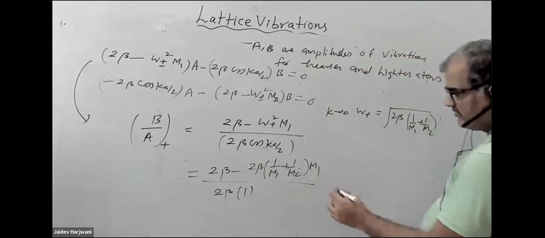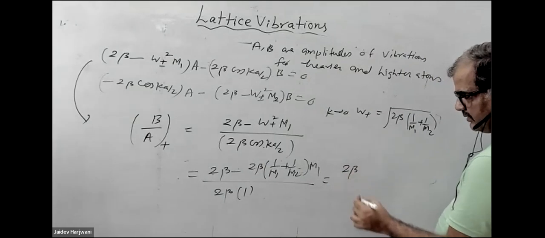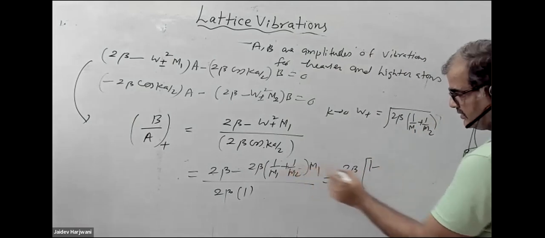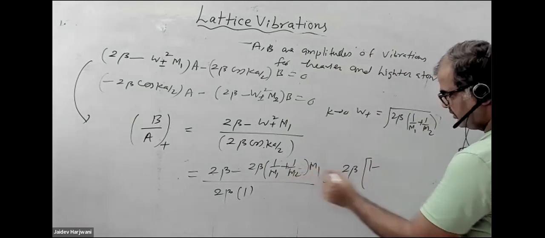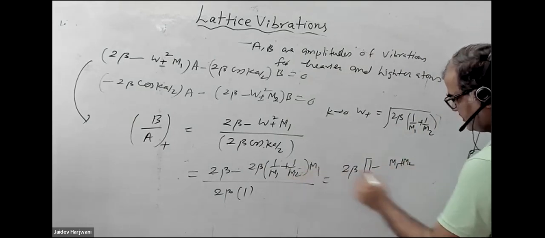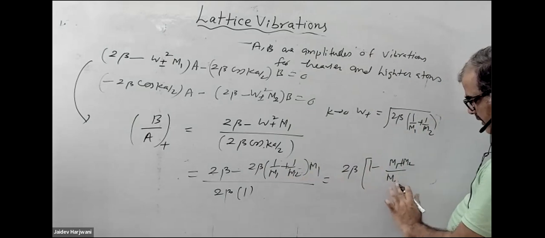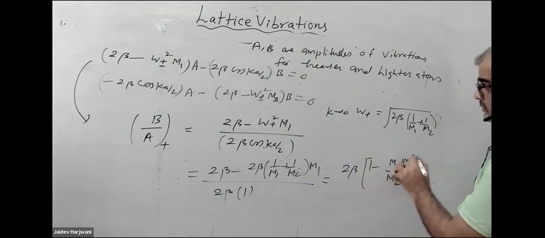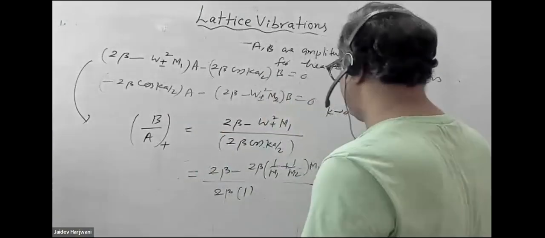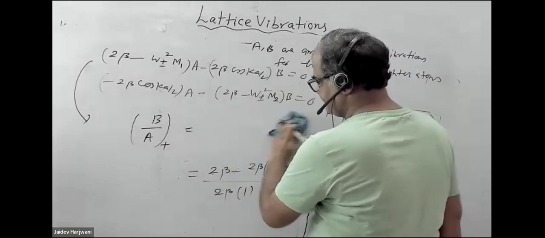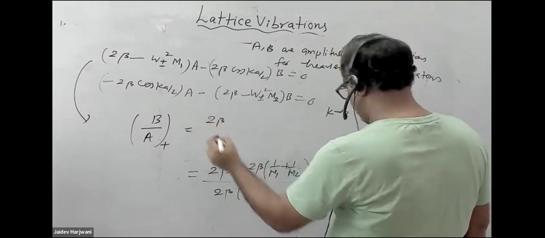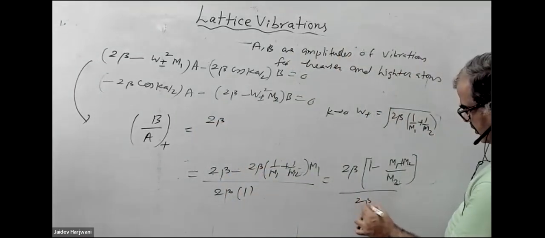Solve this one. What is coming? So 2 beta, minus, you calculate, so this becomes m1 m2. So m1 plus m2, and here the remaining m1 m1 cancel, you will have only m2. If you solve further, this will come as 2 beta, cancel.